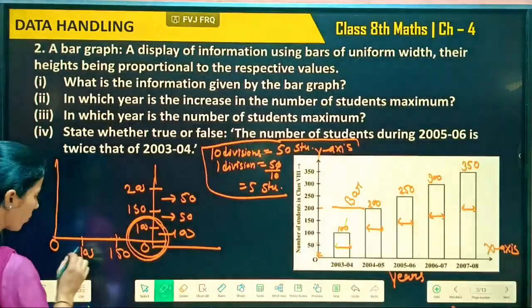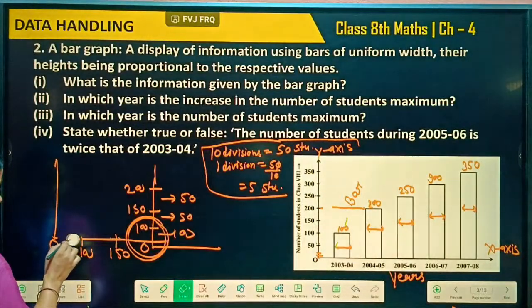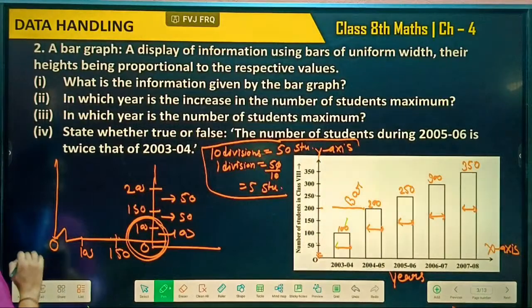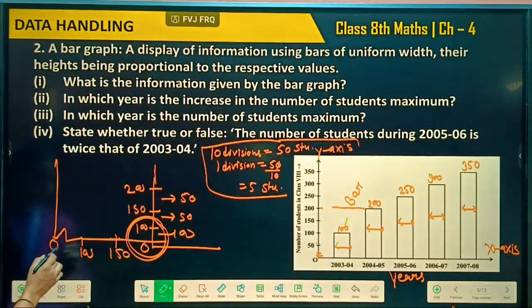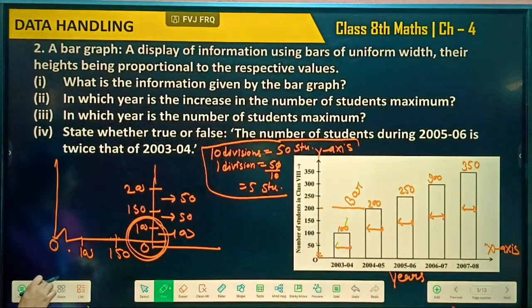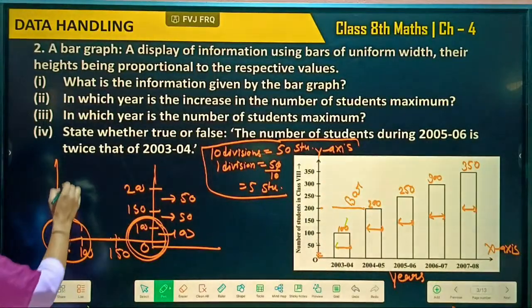So how can we remove this gap? We can remove it by drawing a kink. This is called kink. It means 0 to 50 and 50 to 100, both intervals are present here, but we are not showing. We are showing one breakdown.